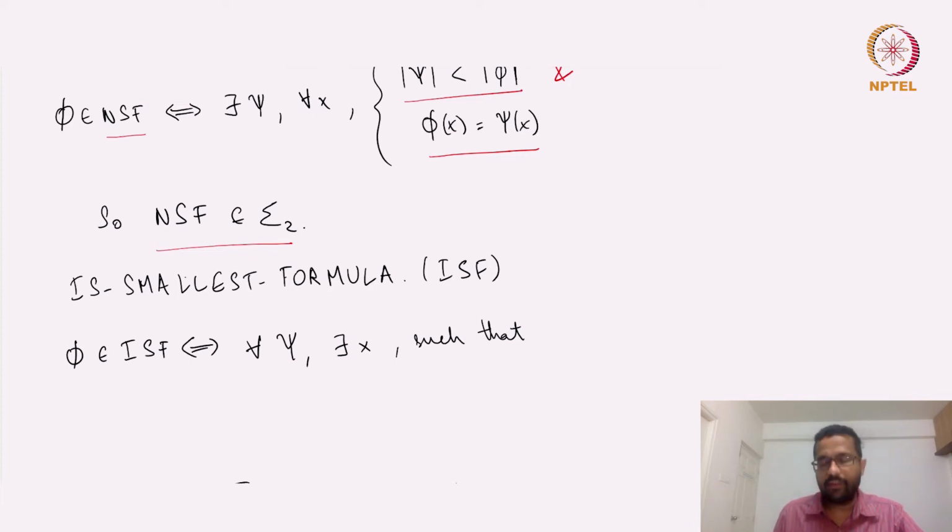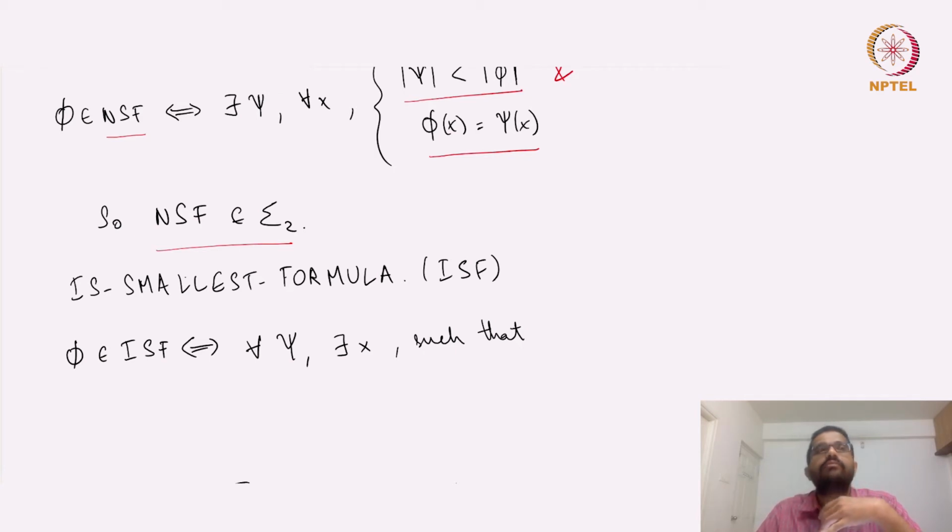So how do we state that? Phi is the smallest formula if, whatever smaller formula psi that you consider, it should not be equivalent.